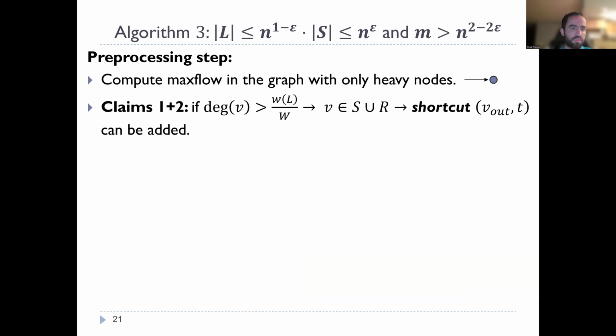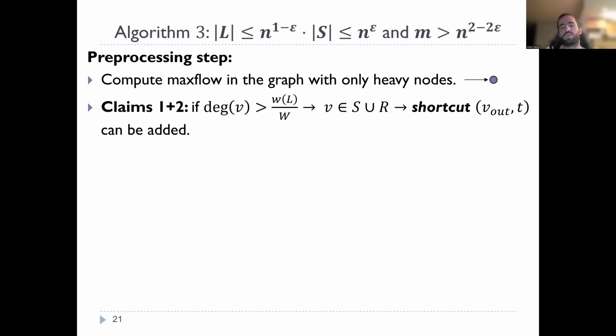Now what follows from those two claims is that if we have a node V with degree bigger than the weight of L divided by W, then we know that V cannot belong to L. It must belong to either the separator or to R. And so it is possible for us to add a shortcut edge from its out copy directly to T and ignore all of the other edges that go from it.